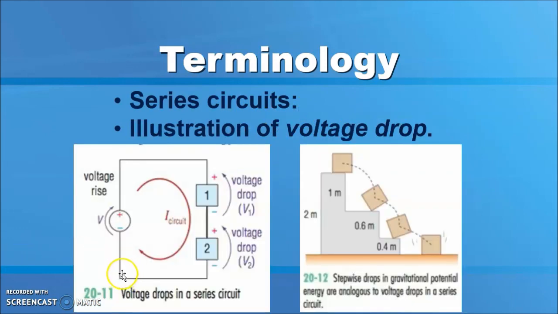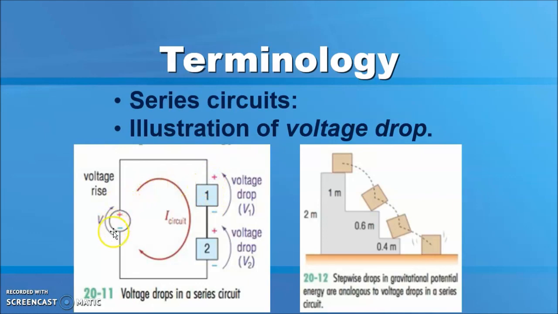Let's say we're starting here at this bottom corner, and as soon as it crosses this point right here, it's going to get a voltage rise. We can pretend this is a battery and we're injecting some voltage into this. There's a voltage rise, and then when it goes right before this point, the voltage is still the same.